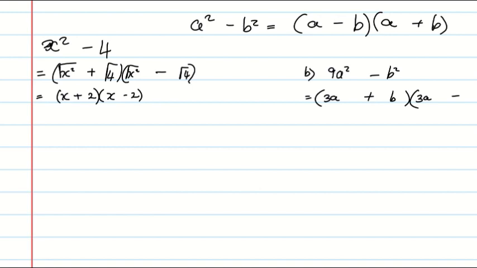At number C, we have a to the power of 4 minus b to the power of 4.